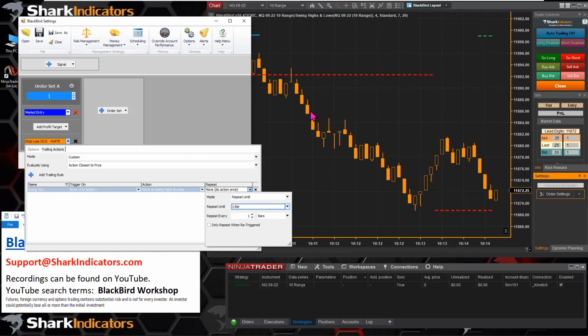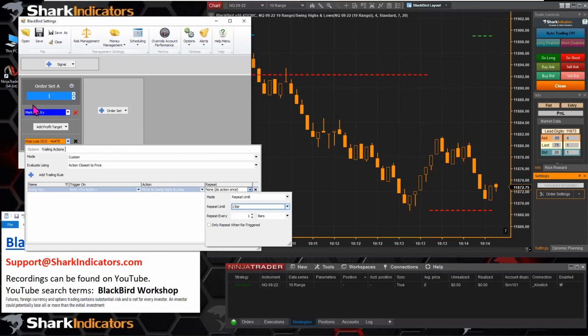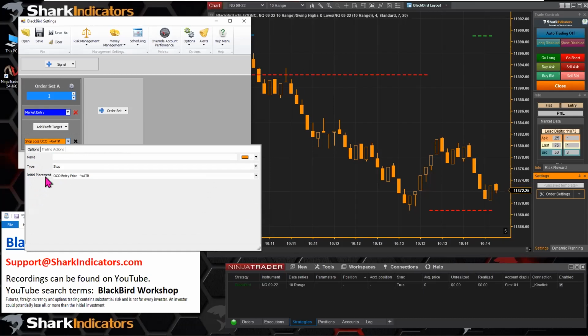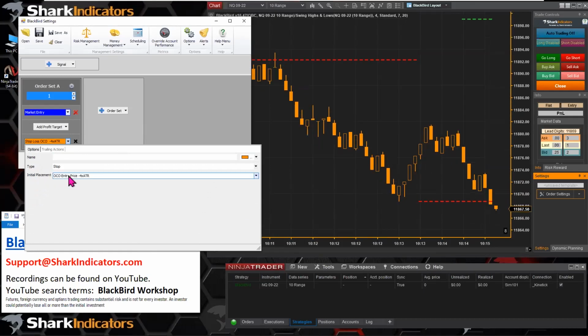So once the entry order executes and our stop loss goes in, right, the stop loss will get placed at our initial placement, right?